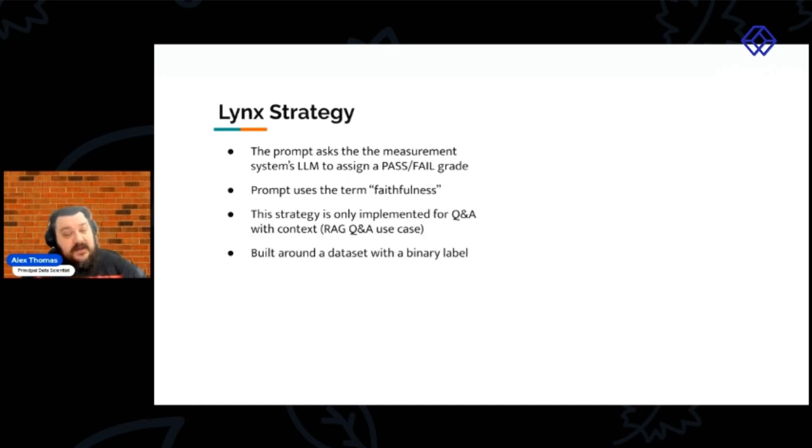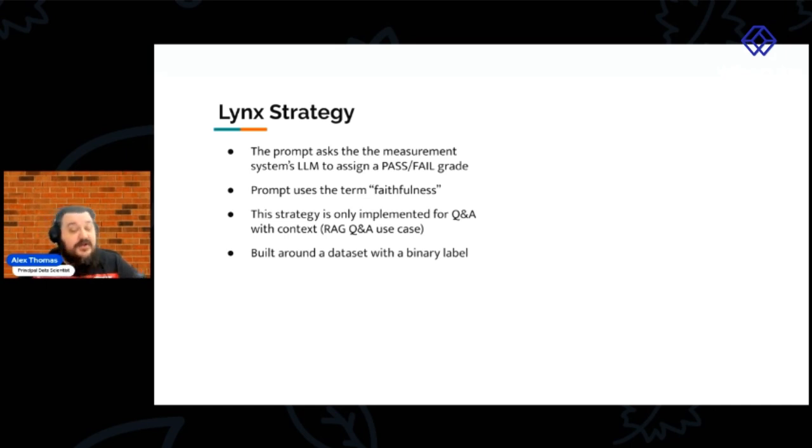And then we're also going to be looking at a popular, or newer, project out there called Lynx. They have a similar simple prompt, but instead of giving a grade, they give just a pass or fail. This notion of the granularity of the label or the prediction can actually be important. They also use the term faithfulness.